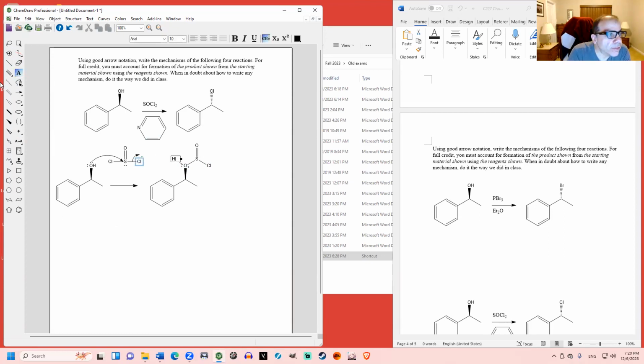And you get this intermediate. And then since we have a base present, we have pyridine present, pyridine pulls the proton off of that intermediate to make a neutral product.